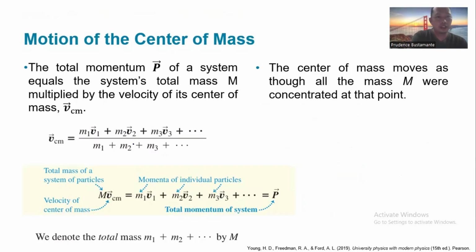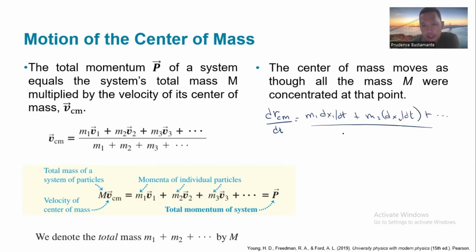So let's go to the motion of the center of mass. Since the center of mass is given by r, and the derivative of this one, for example in x, the small change of that over dt is equal to m1 dx1 over dt plus m2 dx2 over dt plus that over m1 plus m2 plus m3.